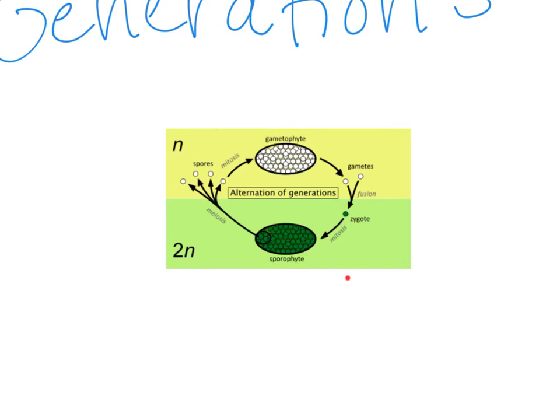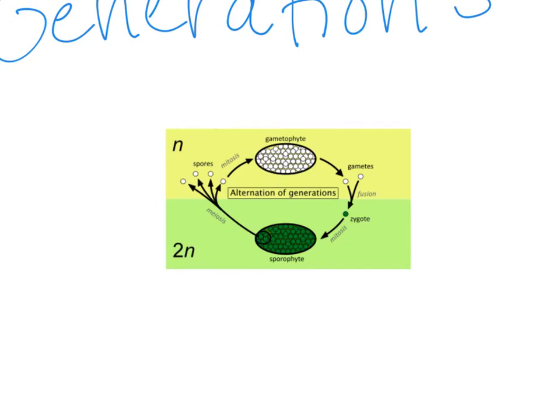And that same thing's happening in an alternation of generations. So let's think of a fern, for example. A fern that's in the sporophyte phase of its life cycle will have these 2N cells undergo meiosis to form spores that are an N ploidy level.